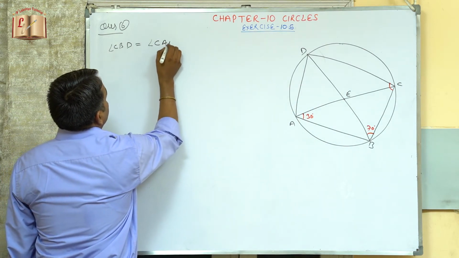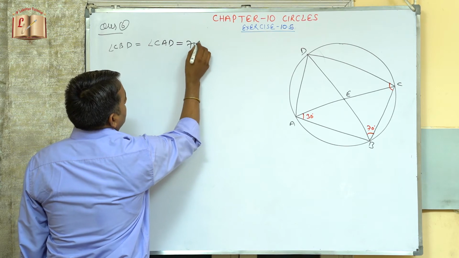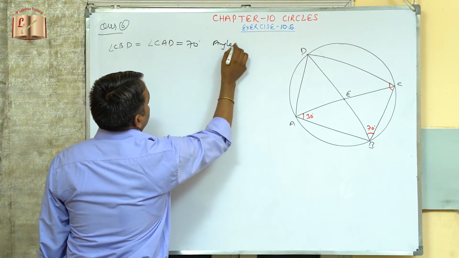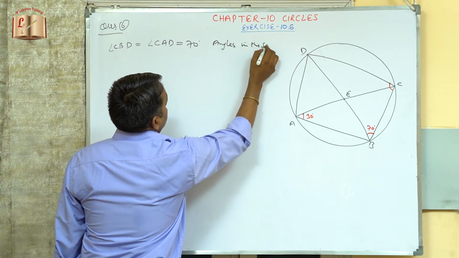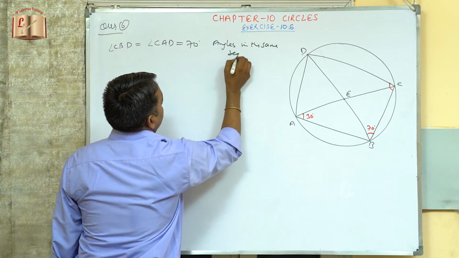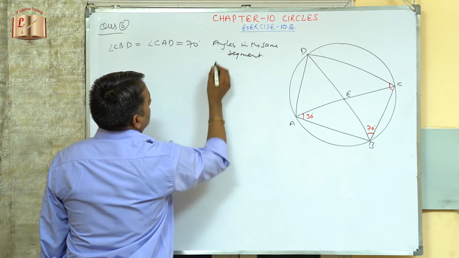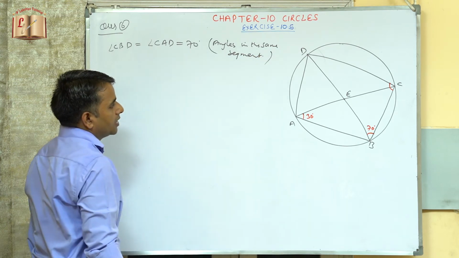Angle CAD is equal to 70 degree. These are the angles in the same segment. Angles in the same segment, they are equal.